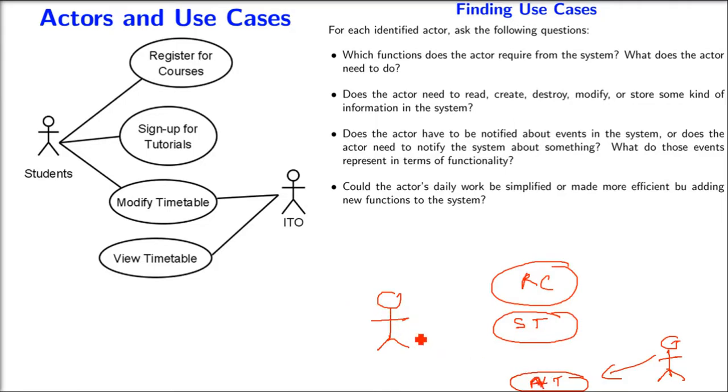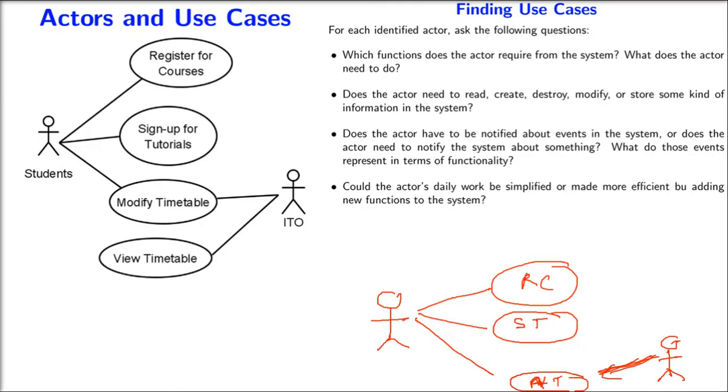The amendment or modification of the timetable, the teacher cannot do by himself or herself. They need to have the input of the student also. So now we have a use case where both parties, both actors, are interacting. Can the actor's daily work be simplified or made more efficient by adding new functions to the system?